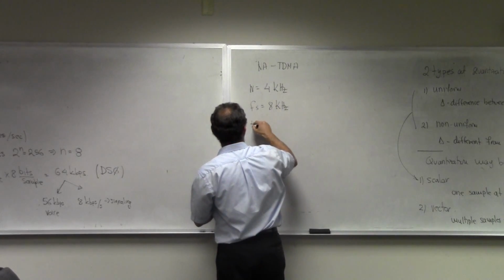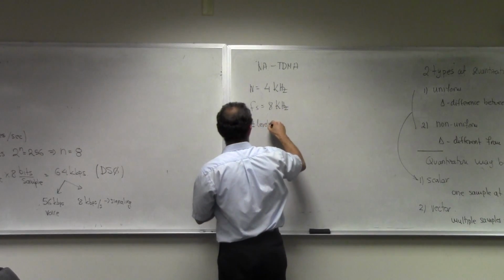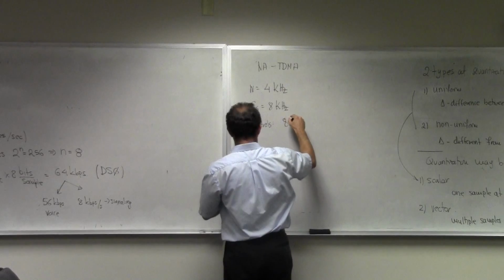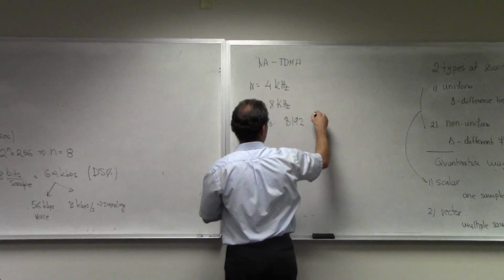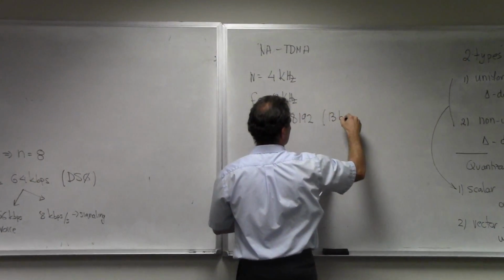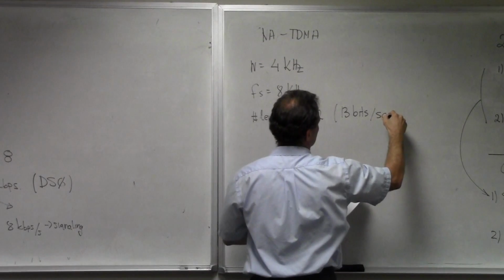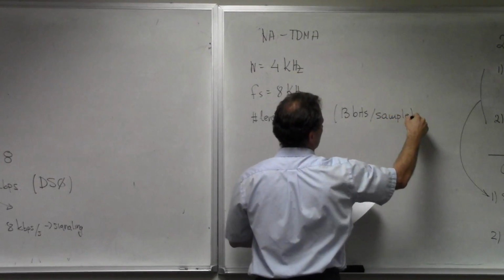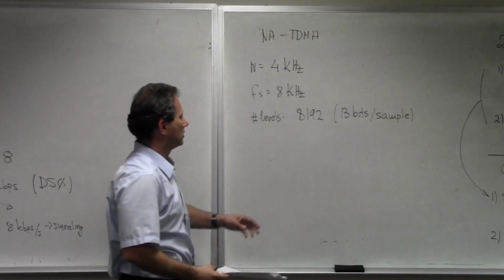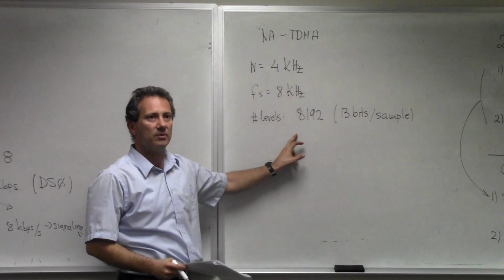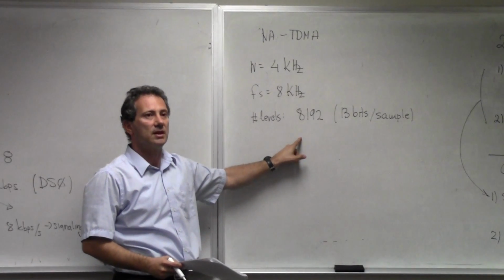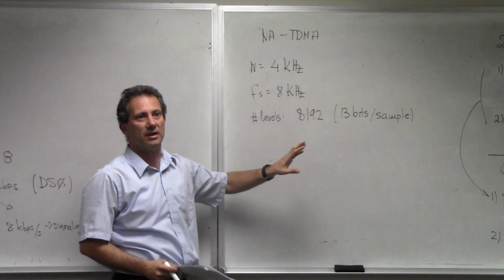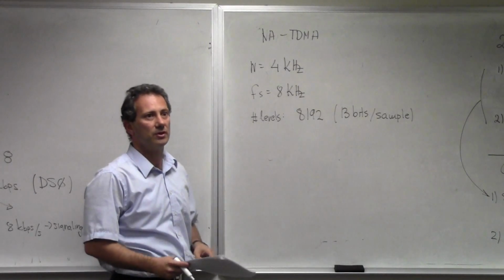The number of levels they used was 8,192, so this is 13 bits per sample. They would sample with much higher resolution in the time domain, but then they would feed these samples into vector quantizing, part of the vocoder.